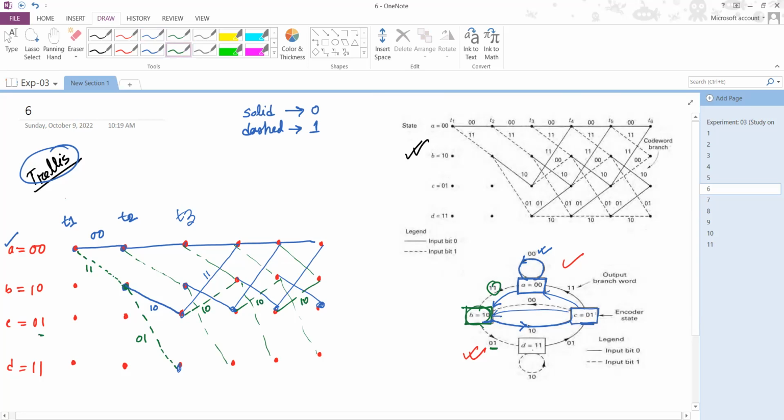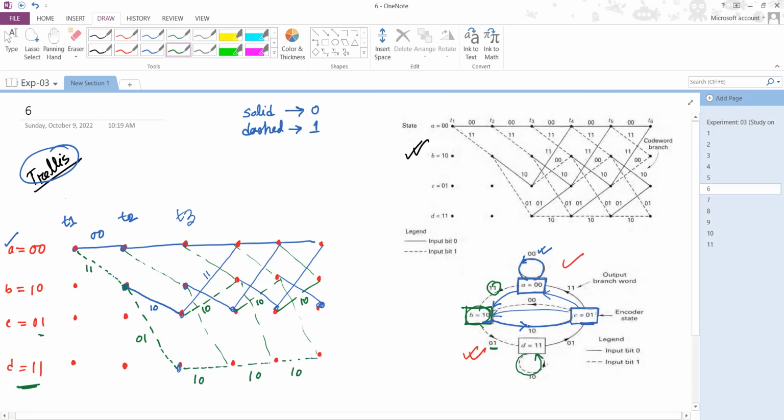And now again for the D state, if I give the input 1, then it will again go back to its original 1 position. That means if I have state 1 1 for the dashed input, it is just remaining in its 1 1 position, and the output associated with it is 1 0.